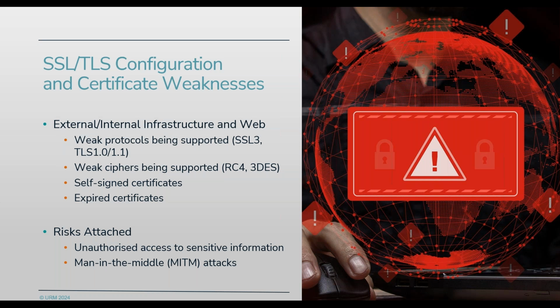What we see is the use of weak ciphers or protocols, and or weak certificates. The risk is that the reason you're implementing these certificates and this encryption fails, and attackers may be able to decrypt the data and obtain sensitive information that you're transmitting. So that's the main risk. Want to be careful with that one.